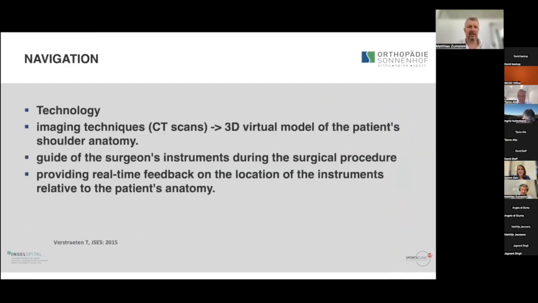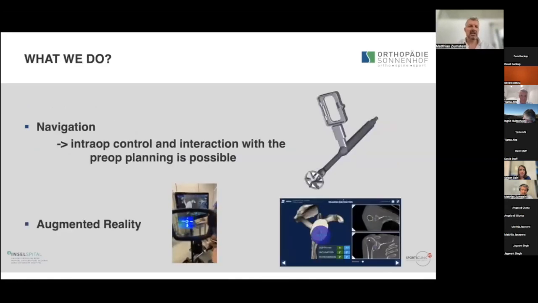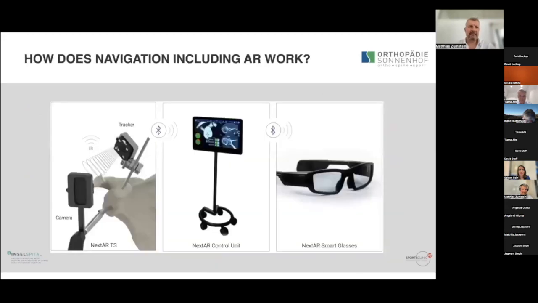Navigation is a technology which creates a 3D virtual model out of the patient's anatomy, and it guides you as a surgeon during the surgical procedure, and you have real-time feedback on the location of your instruments and on your components. So what I do is I use navigation and augmented reality combined to have, during the surgical procedure, an interaction with the planning.